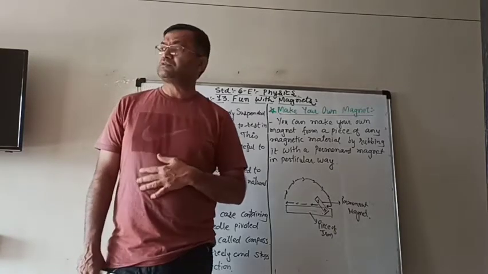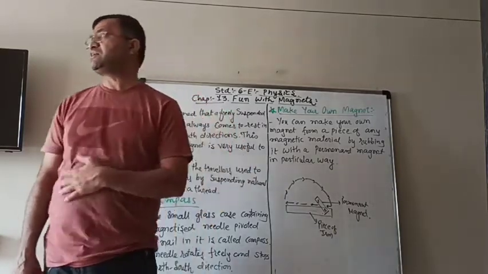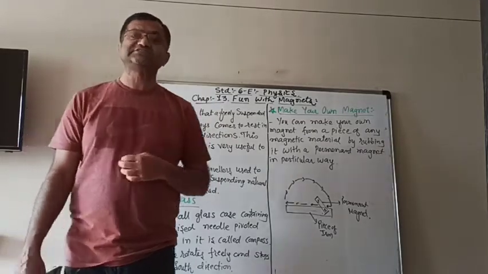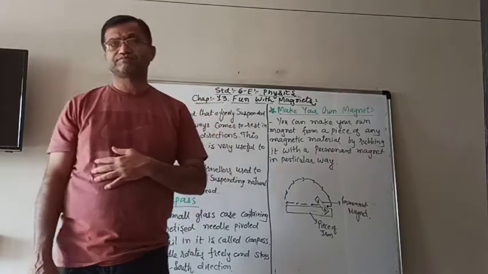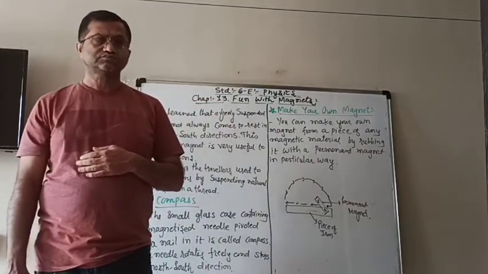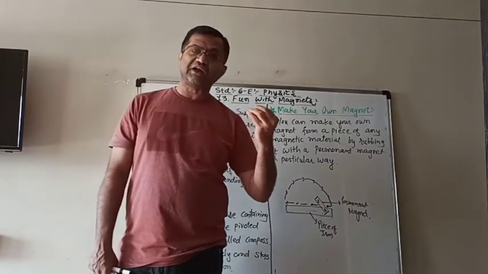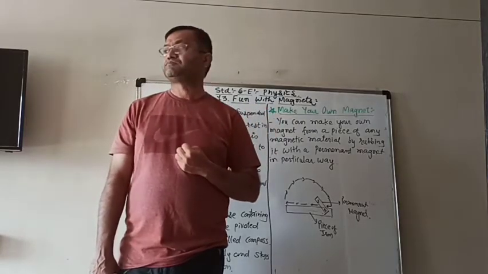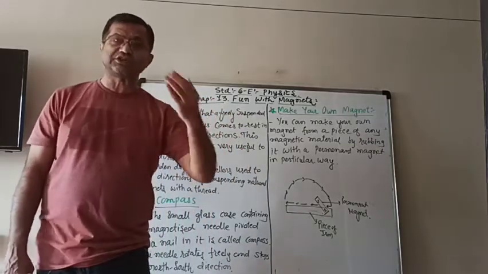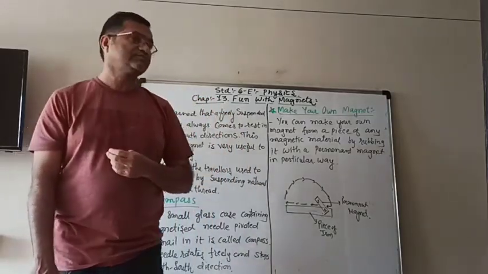And sometimes when the weather is cloudy in some places, you cannot even see the sun. So in this situation, magnets are very useful to find the directions, which is east, west, north or south.